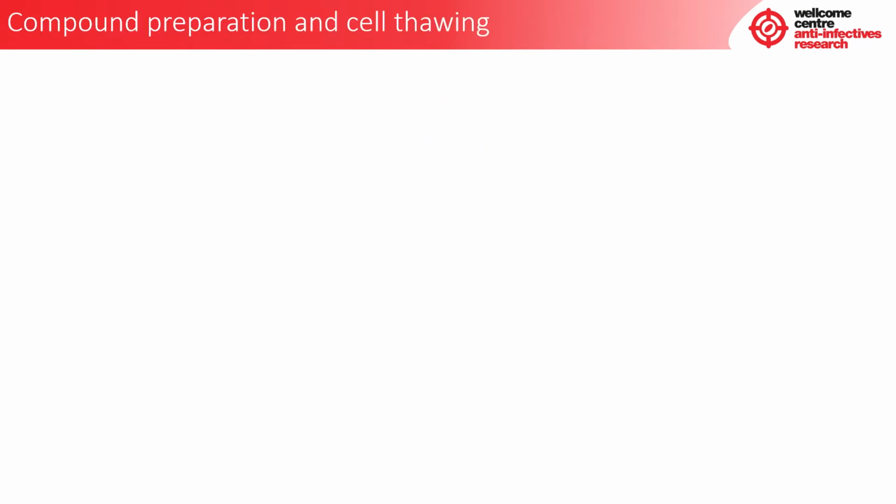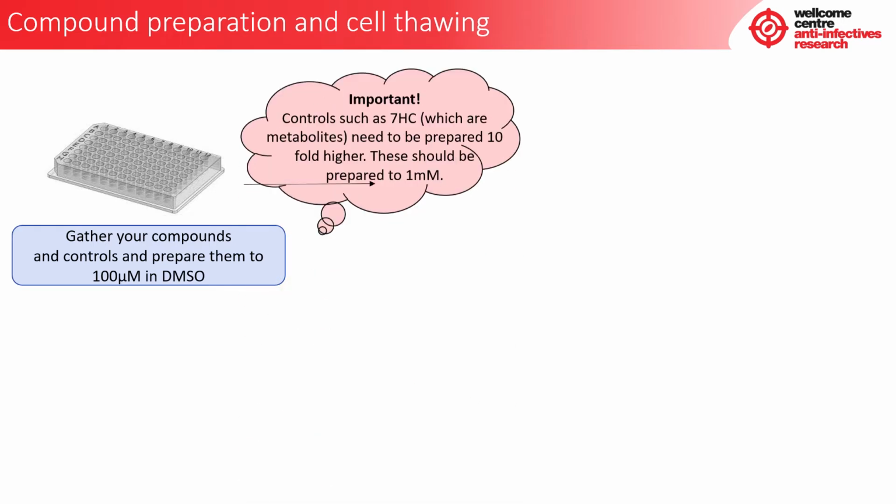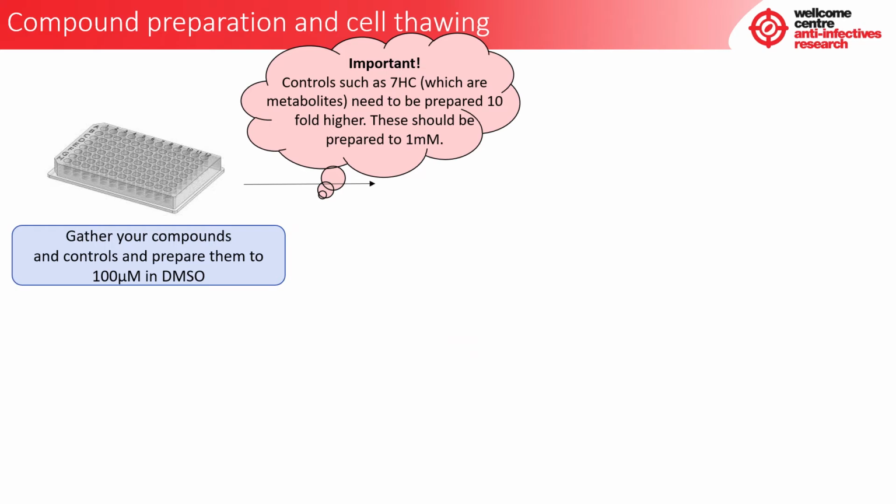Compound preparation and cell thawing. Firstly, gather your compounds and controls and prepare them to 100 micromolar in DMSO. It is important that controls such as 7-HC, which are metabolites, need to be prepared tenfold higher. These should be prepared to 1 millimolar.